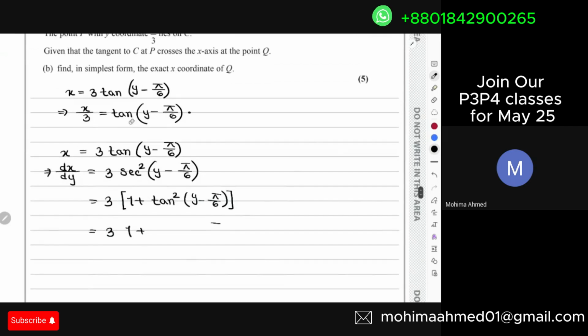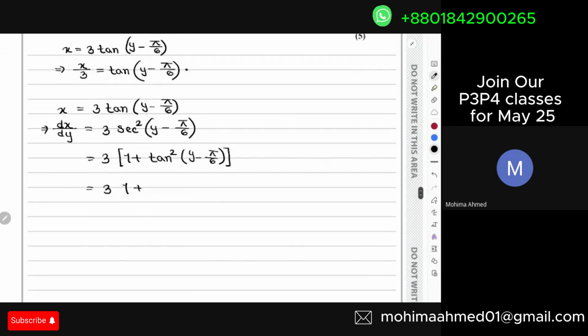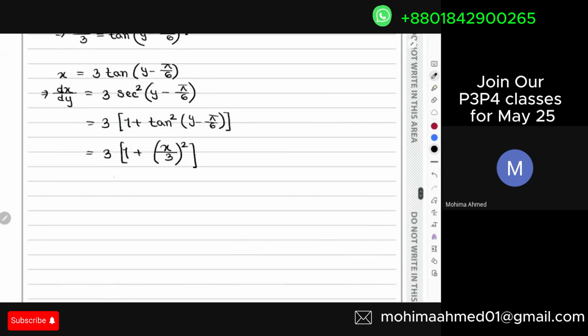And if you remember, tan y minus pi by 6 is x by 3. So instead of writing this over and over again, I can now write x by 3 whole square, right? This is what I can actually write. And if I simplify it further, I get 3 plus 3x square by 9. If you again simplify this, how much am I going to get?